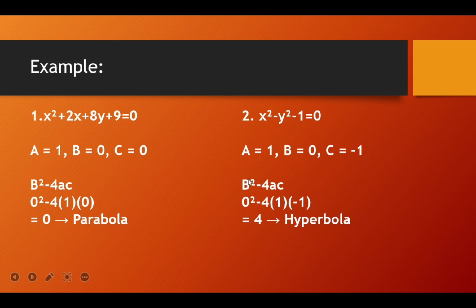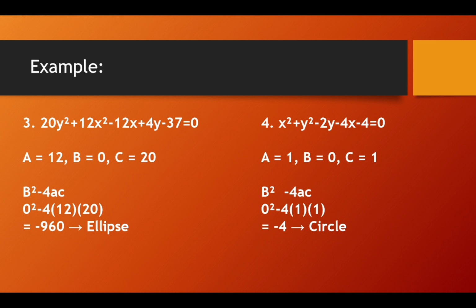Then compute the conic discriminant: 0 squared minus 4 times a, which is 1, times c, which is negative 1. Negative 4 times 1 times negative 1 is equal to 4. Since the discriminant is greater than 0, then it is a hyperbola.